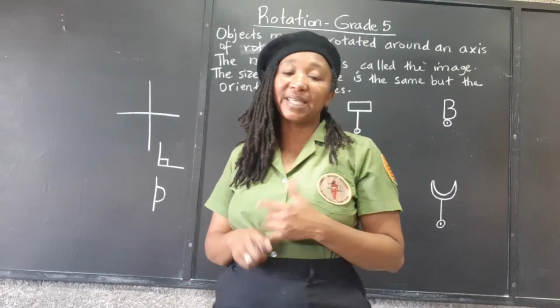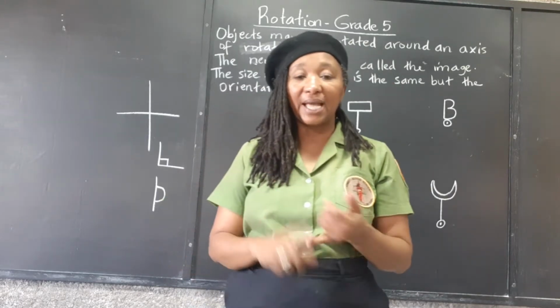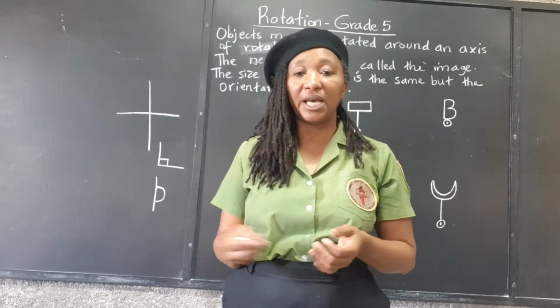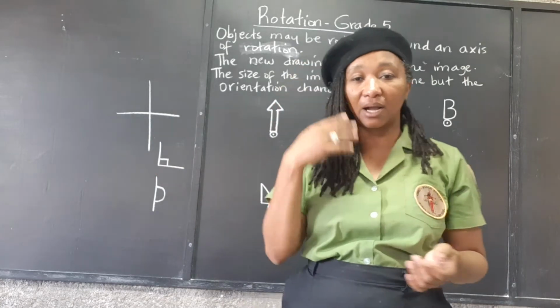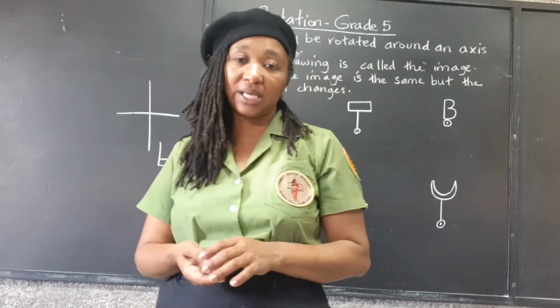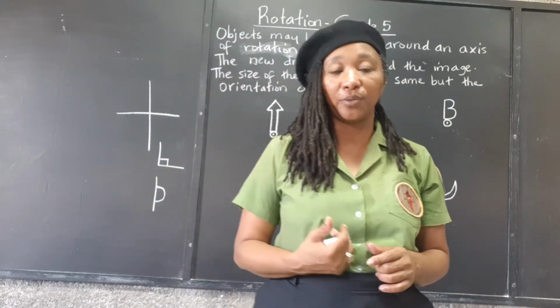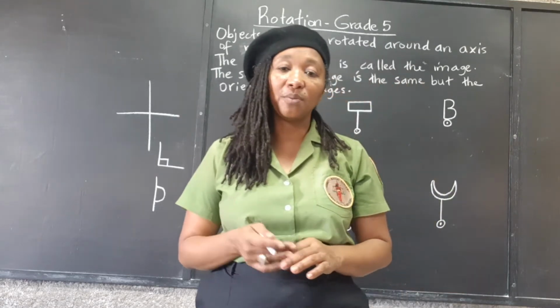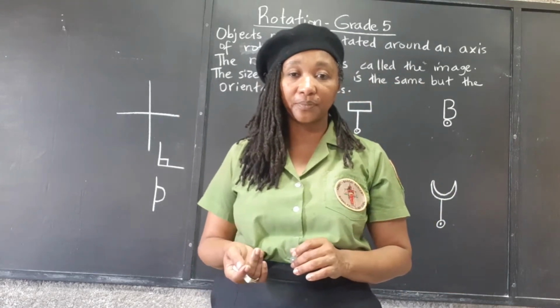So I'm going to rotate each object 90 degrees, 180 degrees, 270 degrees, and you know that 360 would take it back to the original object. That's what I'm going to do for each of those. In a rotation, the size of the object remains the same.